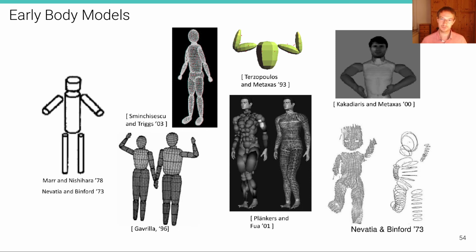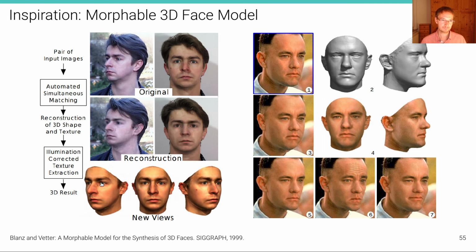Basically, the minimally clothed human body, represented as accurately as possible in terms of geometry and appearance. A big inspiration for the simple body model was the seminal work by Blanz and Vetter in SIGGRAPH 1999 on human face models. That is a precursor, if you will, of the simple body model, but for a specific part of the human body, the face.